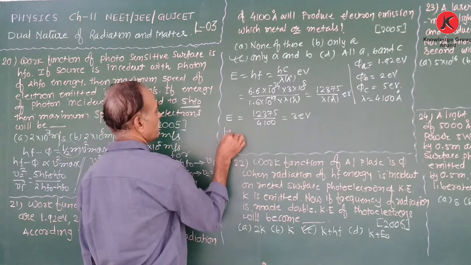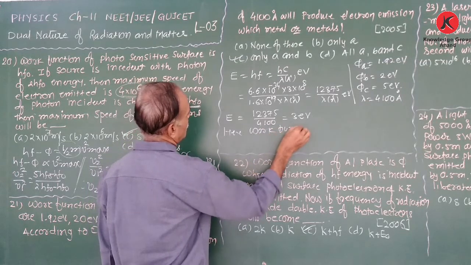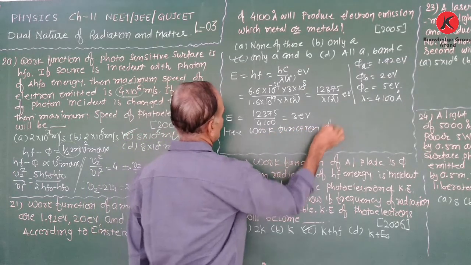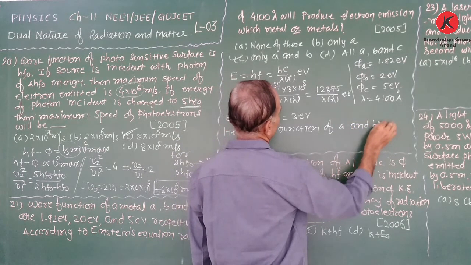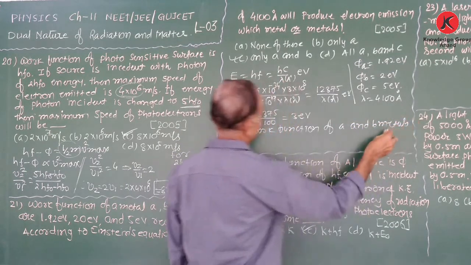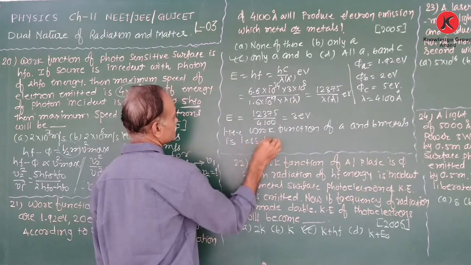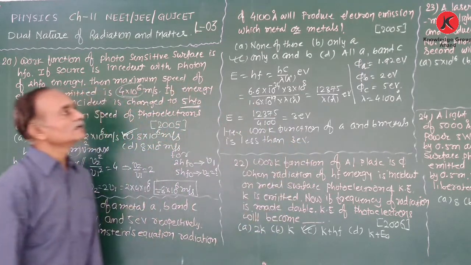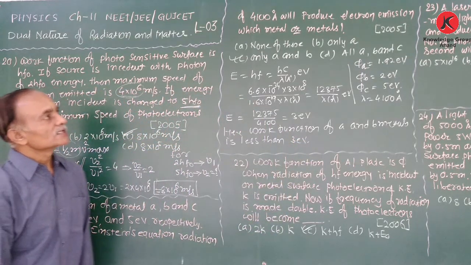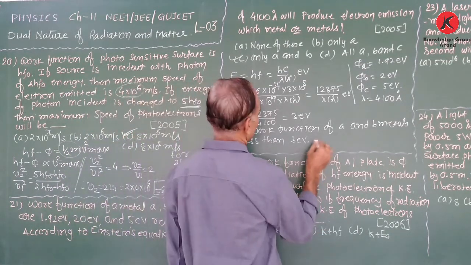Here, the work function of A and B metals is less than 3 electron volt. So, electron emission is produced in A and B.